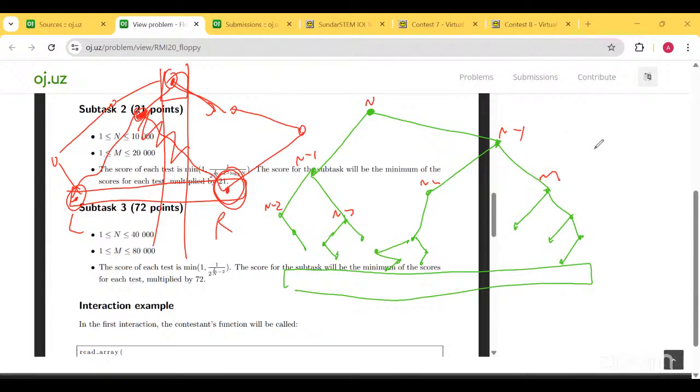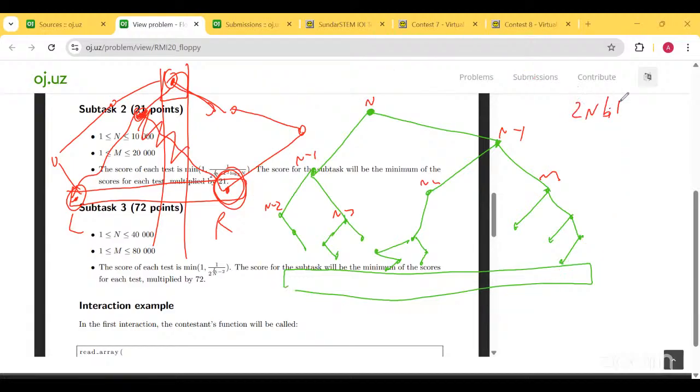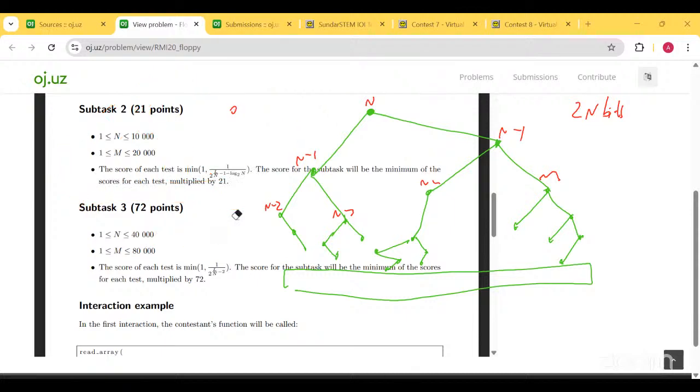Okay, now we know the decoder function, but how to encode this? How to store this into 2n bits? Any idea? Why 2? 2 means one for left, one for right.